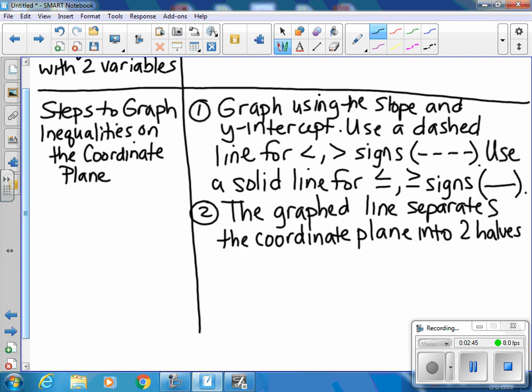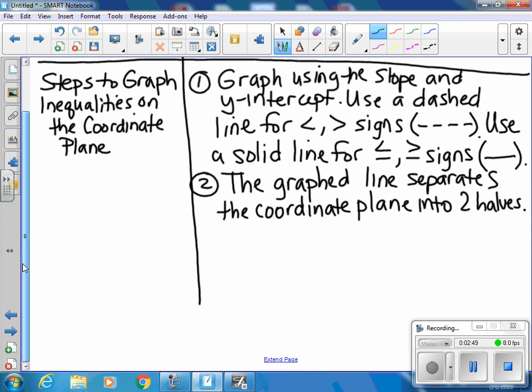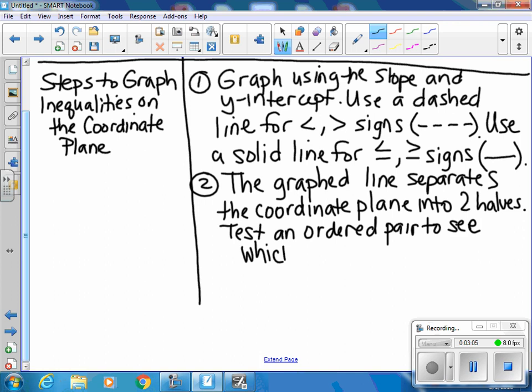No matter what kind of line is drawn, it's now split into two halves. At this point, you can test an ordered pair to see which side to shade. This is known as a test point.